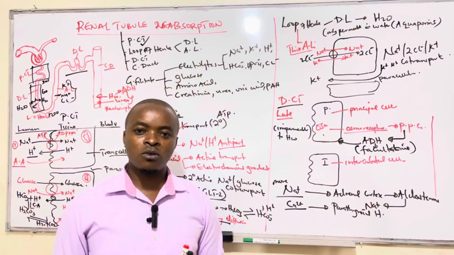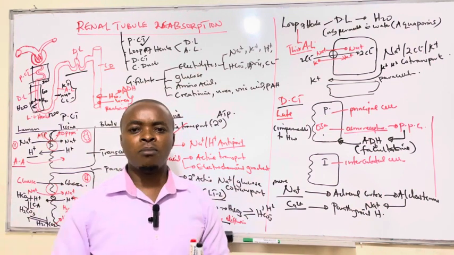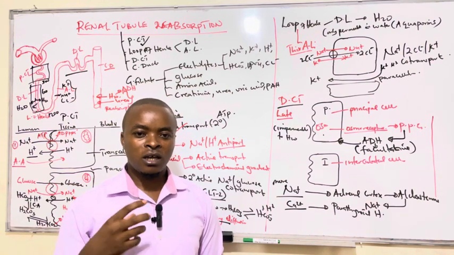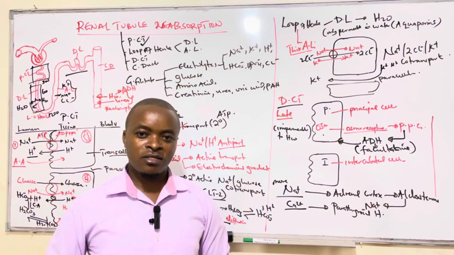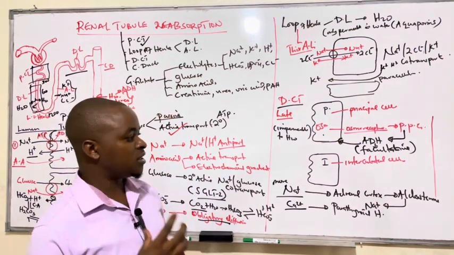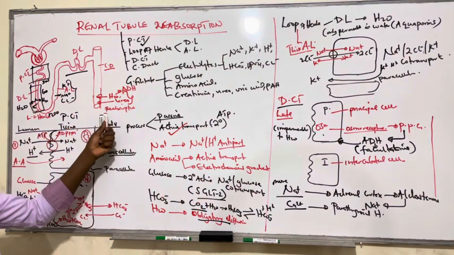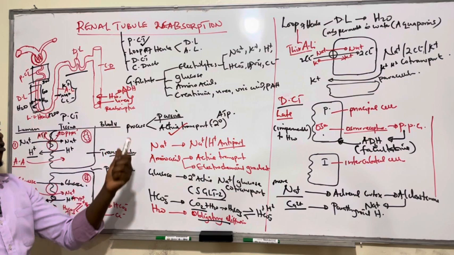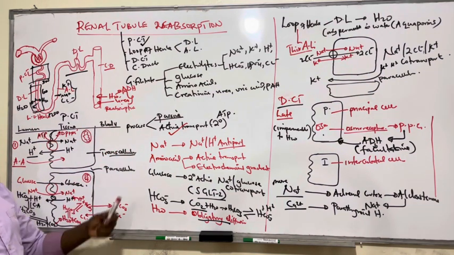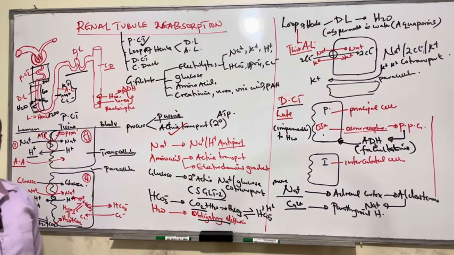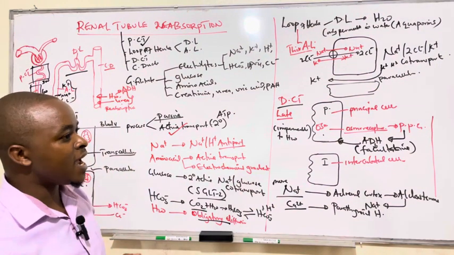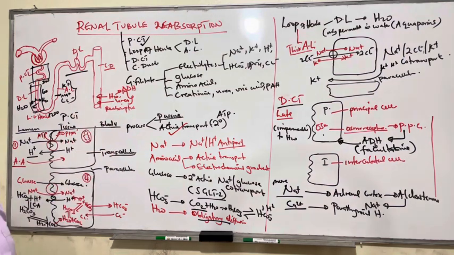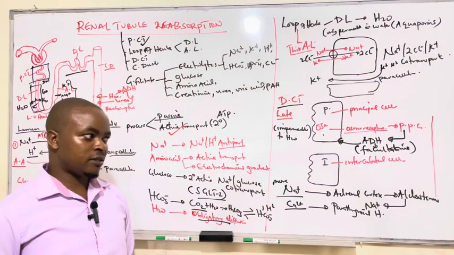We have seen also, if our body needs more calcium, this calcium is also reabsorbed under the influence of parathyroid hormone. And we have seen lastly, in the collecting duct, also another facultative reabsorption of water under influence of antidiuretic hormone. Then urea is passively reabsorbed in the loop of Henle and in the collecting duct.